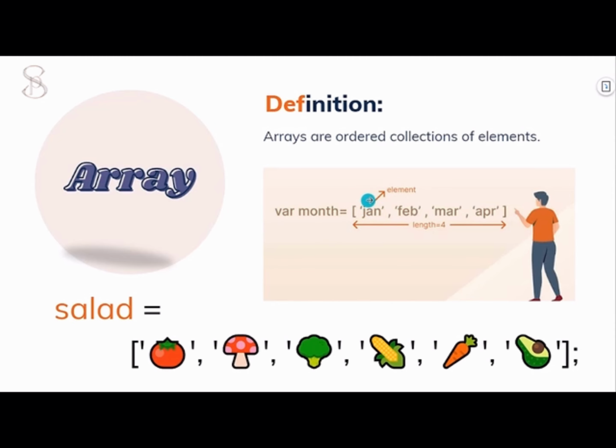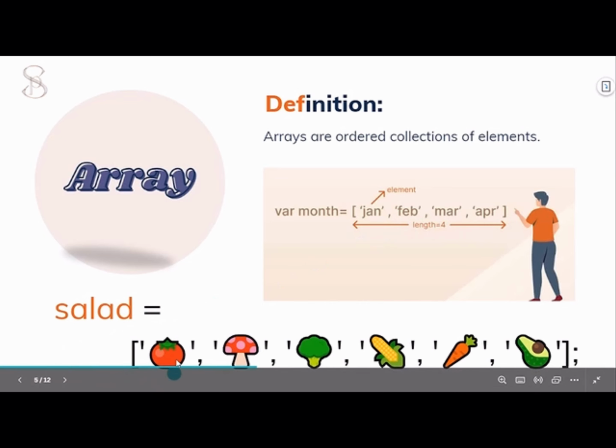So the array will be represented with square brackets and single quotes, and in month we can keep elements as Jan, Feb, March, April. Now if we check the length of the array, it is 4 as we inserted 4 elements.